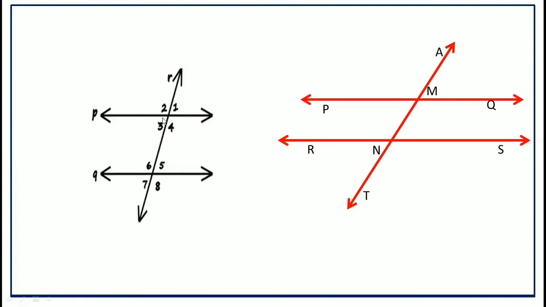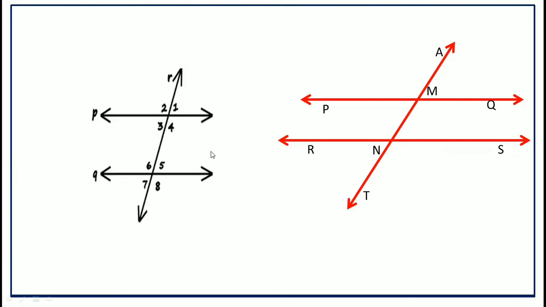And here I show you another diagram, where R is your transversal line, and P and Q are the parallel lines. And I give numbering here: 1, 2, 3, 4, 5, 6, 7, 8. That is, 8 angles are forming.